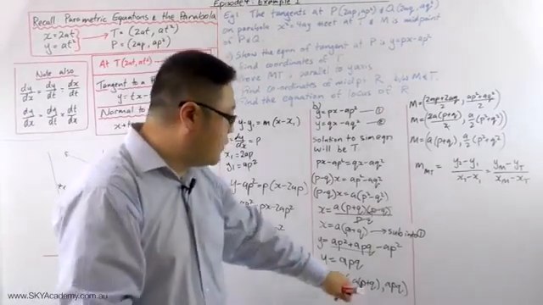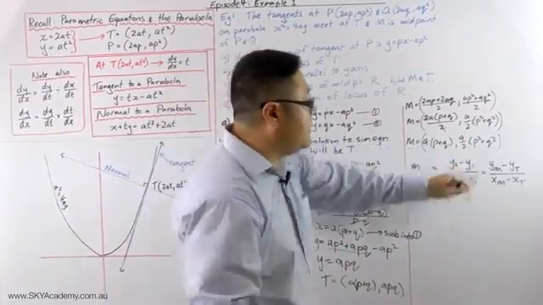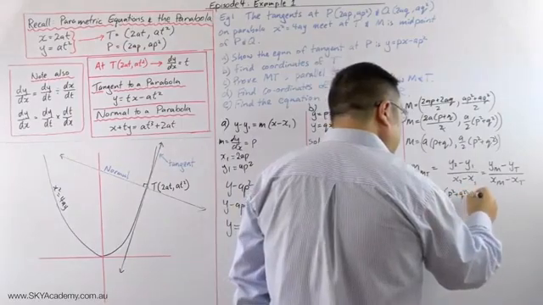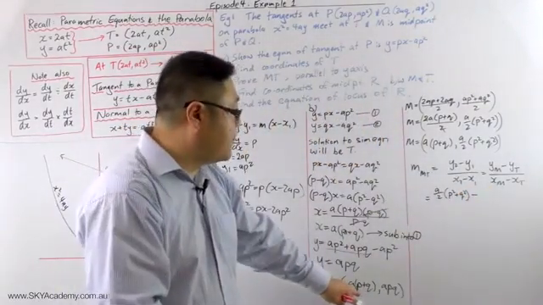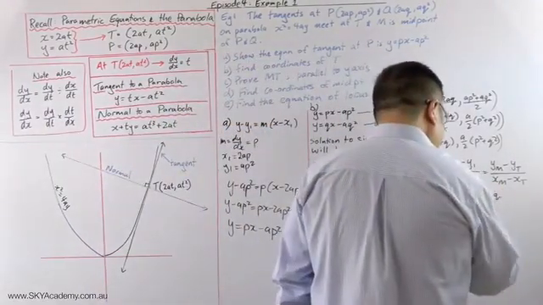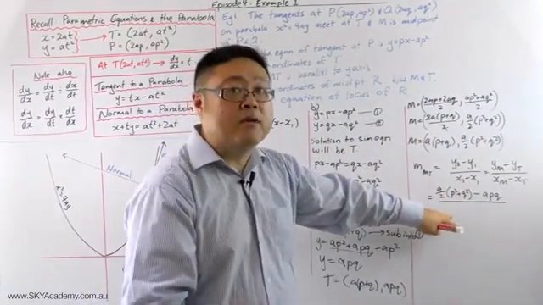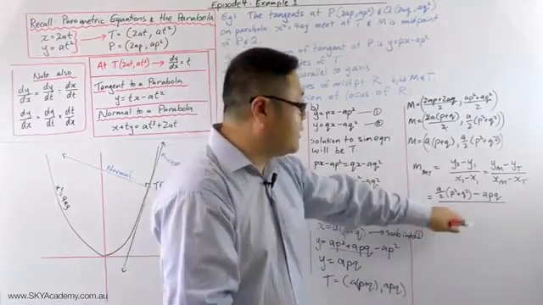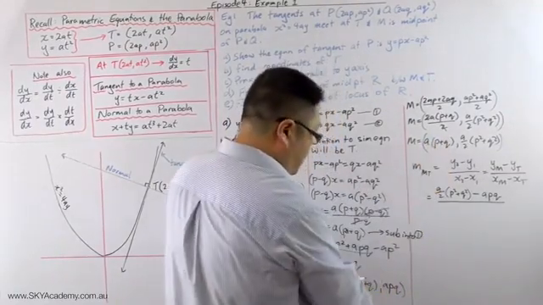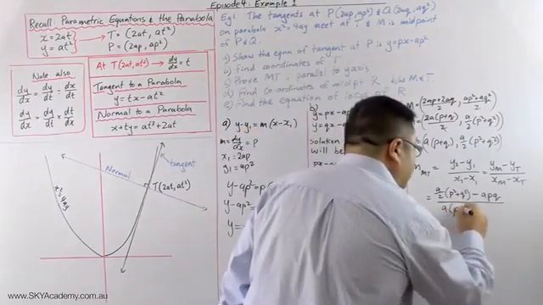Now the y coordinate of M is this one here, a on 2 (p squared plus q squared), minus the y coordinate of T, which is apq. Now this top isn't looking pretty, but I want you to notice this: the bottom is looking very pretty, because what you have is a(p plus q) minus a(p plus q).